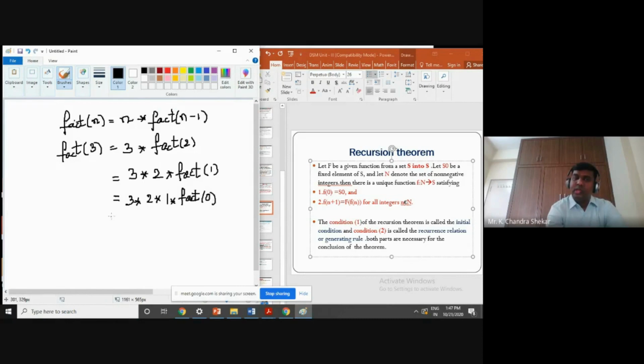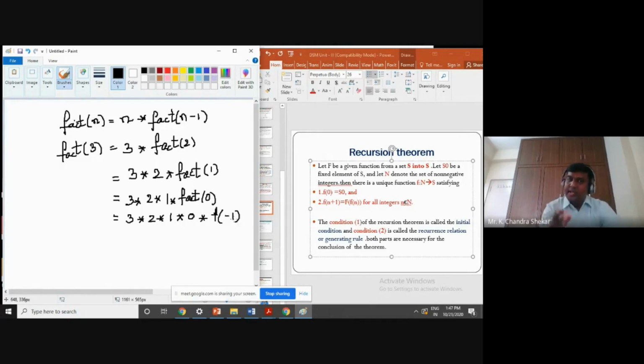Now this is equal to 3 into 2 into 1 into, all these are constants. Now fact of 0, using the same recursive formula, what can I write now? I can write 0 into fact of 0 minus 1, which is minus 1.